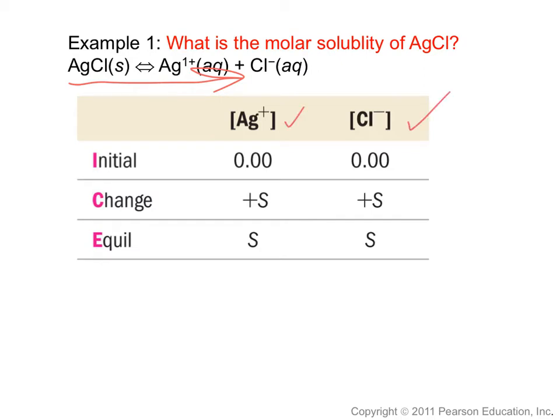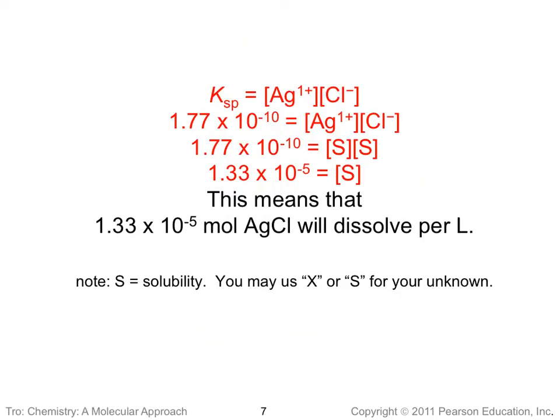And so the change is s and the change is s, and they're both plus s, right? And that plus s turns into s at equilibrium. And so, for instance, you would have the Ksp equaling s squared, right? And recognize that s is the concentration of each of those.